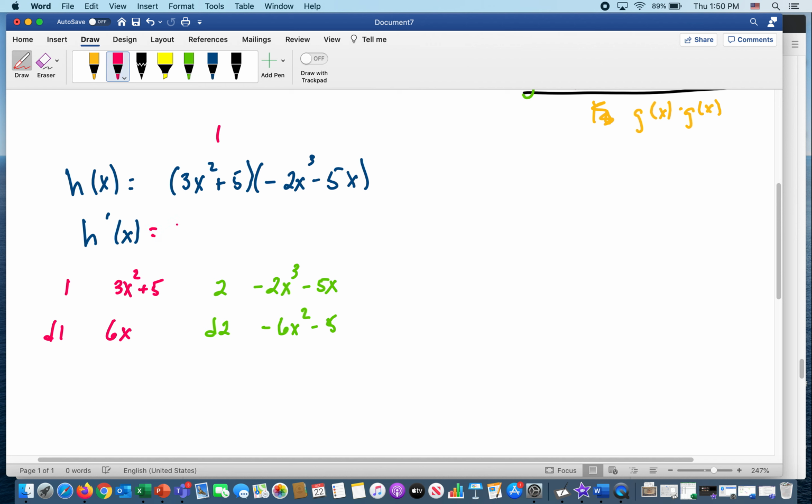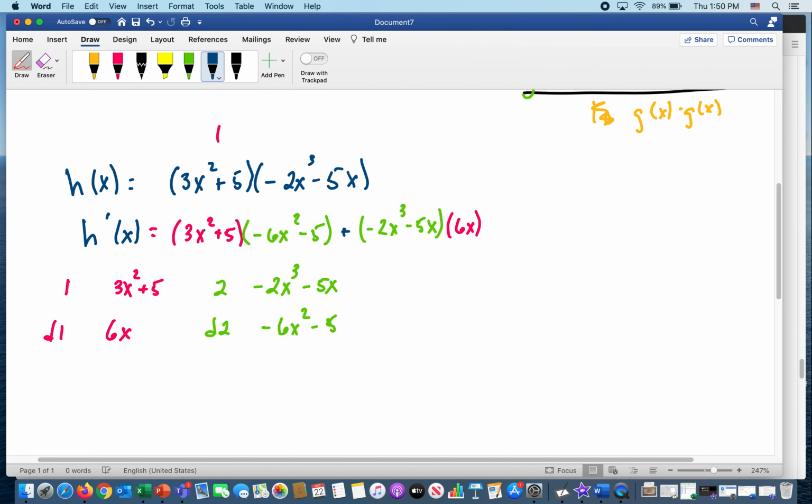It's going to equal the first term, 3x squared plus 5, times the derivative of the second term, negative 6x squared minus 5, plus the second term, negative 2x to the third minus 5x, times the derivative of the first term, 6x. And so we wouldn't leave it like this.